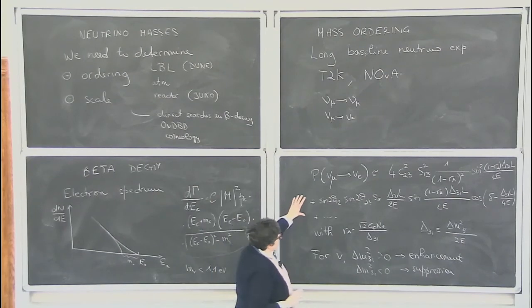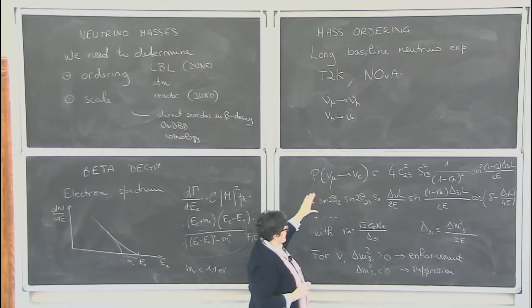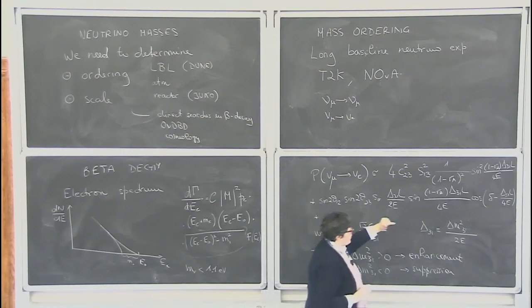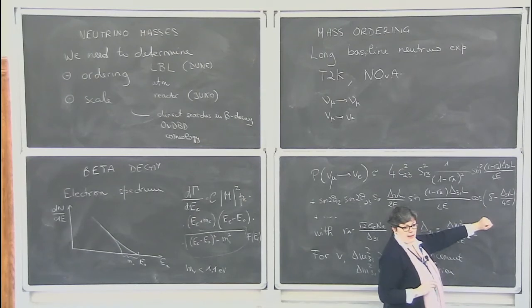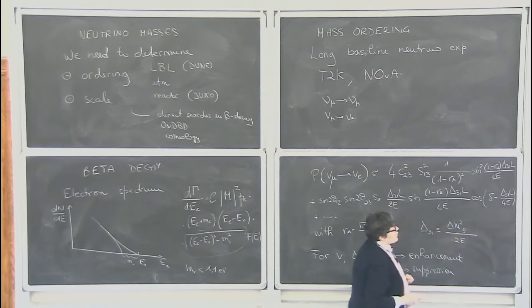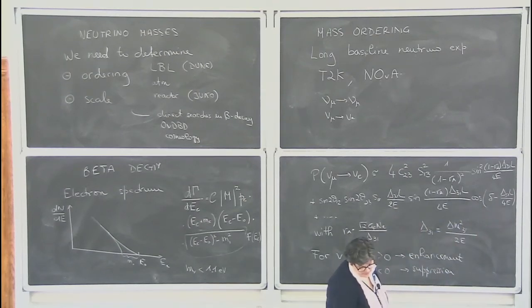So this is a subdominant effect with respect to the first term, and I'll come to that in a few minutes when we discuss CP violation, because this is the term which is sensitive to the delta phase.